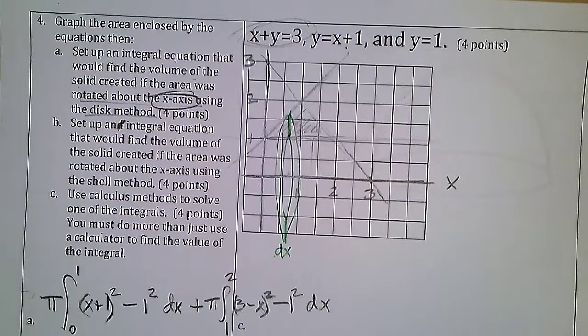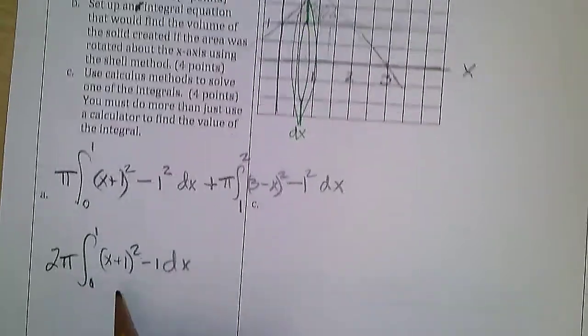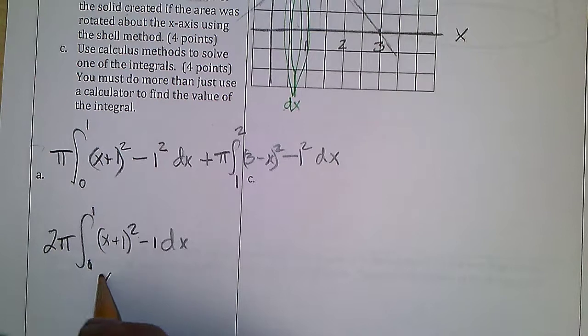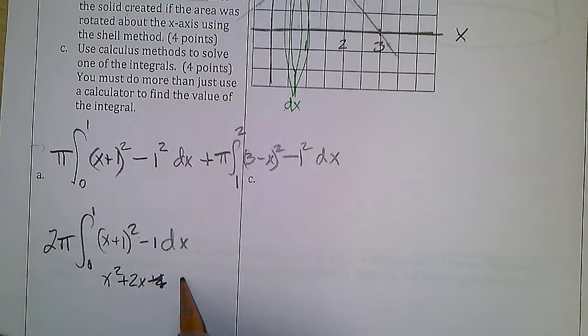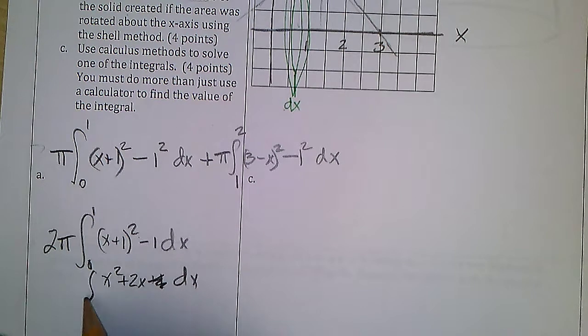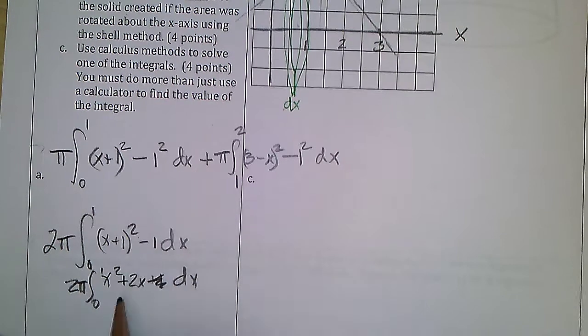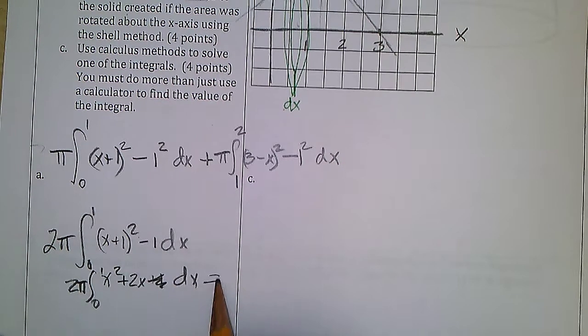And (x plus 1) squared is x squared plus 2x plus 1, and then minus 1 would cancel that, dx, integrated from 0 to 1 times 2 pi.